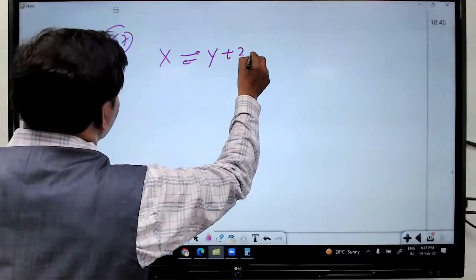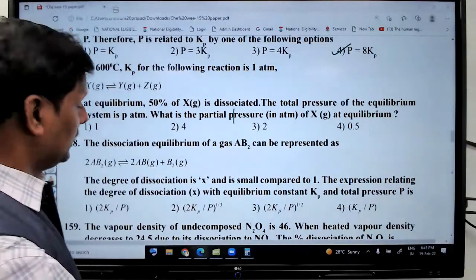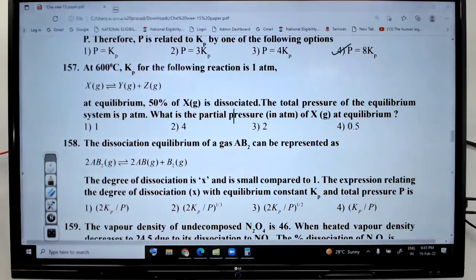X gives rise to Y plus Z. The number of moles is not given. Kp for this reaction, 1 atm, is given. At equilibrium 50% of the X is dissociated. What is the partial pressure of X at equilibrium?